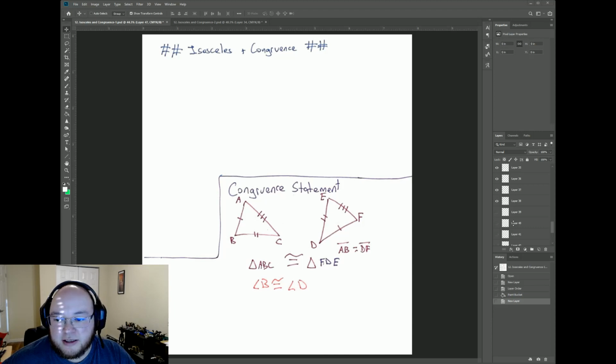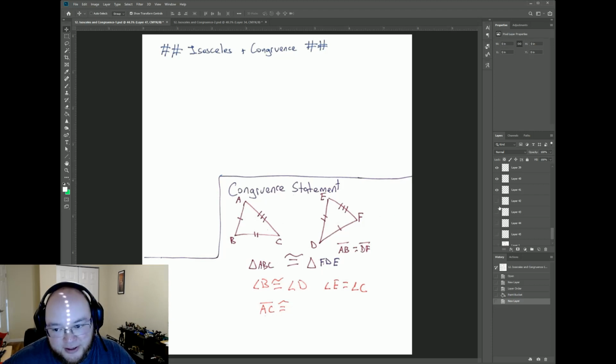There was just a jump because I paused it, so I had to go do something. So angle E, it's the last letter, so it's congruent to C. And once again, AC, first and last letter, congruent to FE, first and last letter.